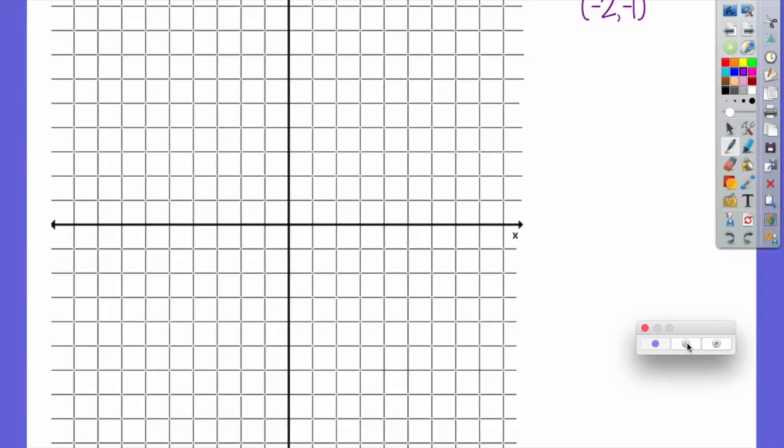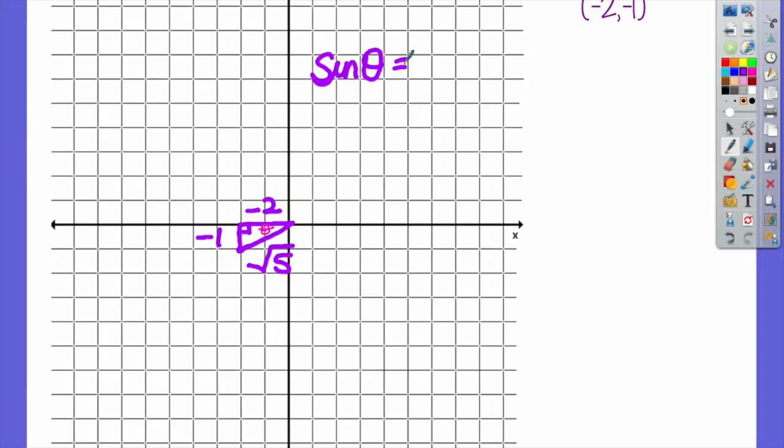Baby triangle. What was your hypotenuse? It was the square root of 5. Theta was located right there in the top corner with the x-axis. So your sine of theta was what? Anna, what did you get for the sine of theta? Wait, you said negative 1 what?